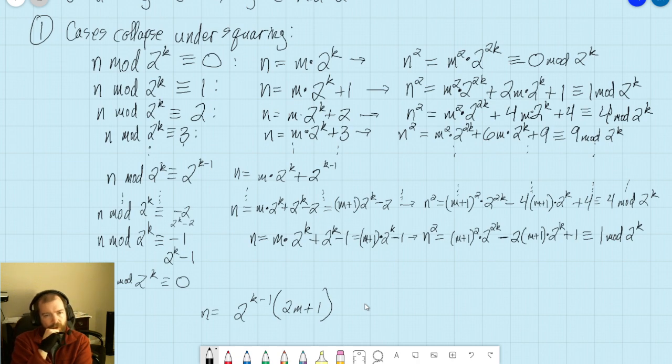So unlike before, where we were left with all even integers, well, that's not really what we were going for anyway. We just said it was an integer, m plus 1, or m above, that we were multiplying by 2 to the k. So we kind of need 2 to the k to be there.